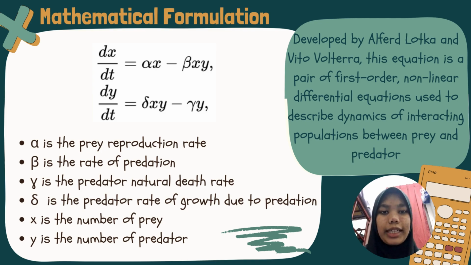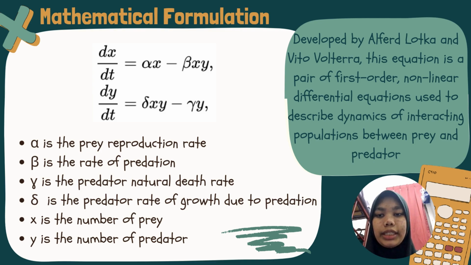Developed by Alfred Lotka and Vito Volterra, this is a pair of first-order, nonlinear differential equations used to describe the dynamics of interacting populations between prey and predator. It is dx over dt equals alpha x minus beta xy, and the other one is dy over dt equals delta xy minus gamma y.